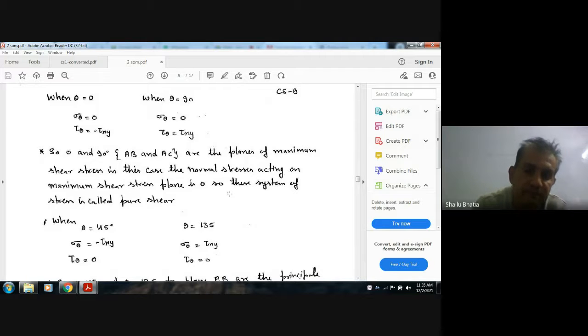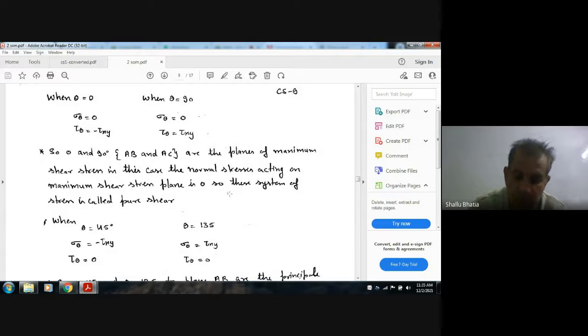This is the only case where the normal stress is 0 at the plane of maximum shear stress; in all such cases, it is a case of pure shear.